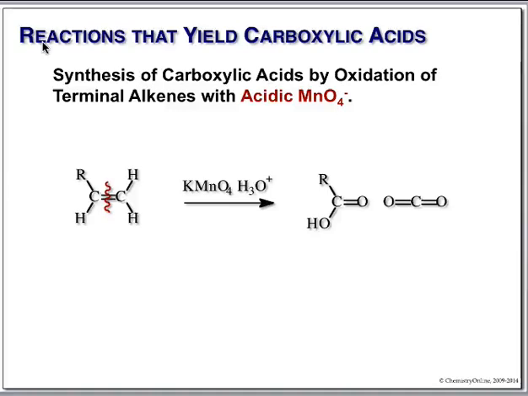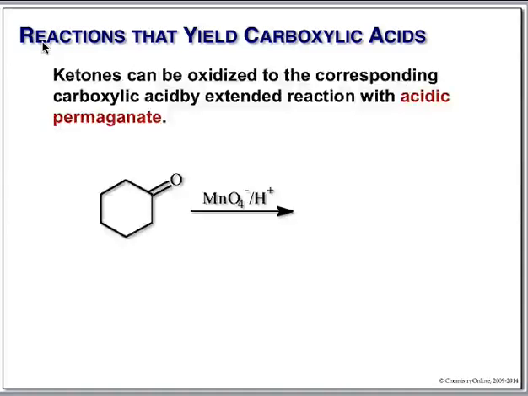Now, acidic permanganate is actually strong enough to even attack the ketone. And this is actually an industrial way to make carboxylic acids. If you take something like cyclohexanone, from our previous slide, we would say that this is the ketone product.